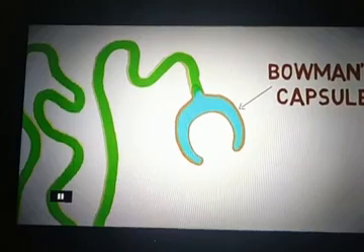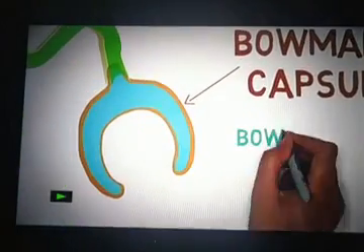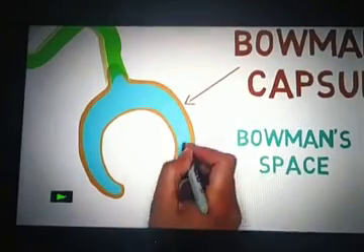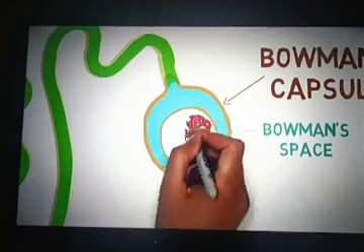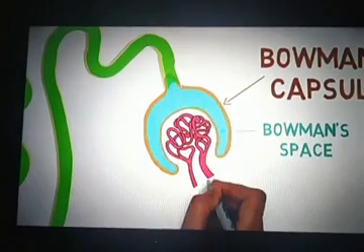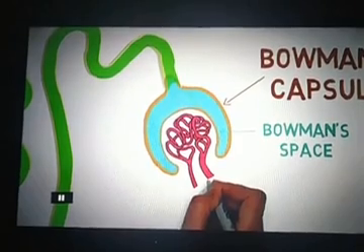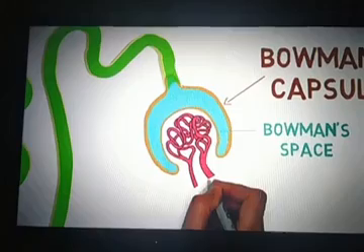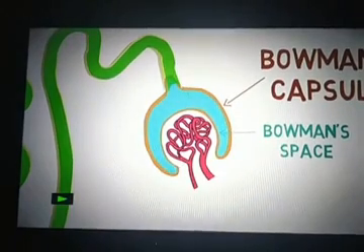colored here in green. This cup-shaped structure has a space inside it that's called Bowman's space, and a large number of blood capillaries are found there. There is a network of blood capillaries found inside the Bowman's space, which is called the glomerulus.